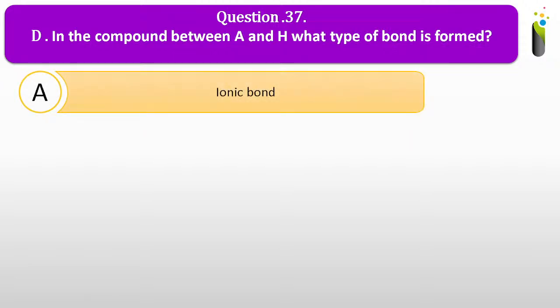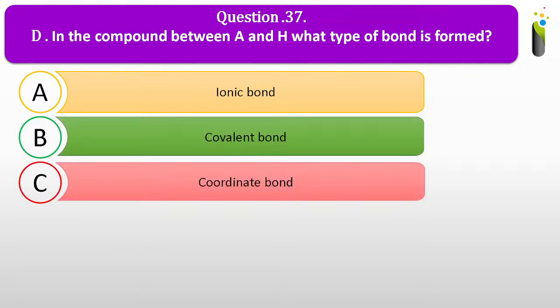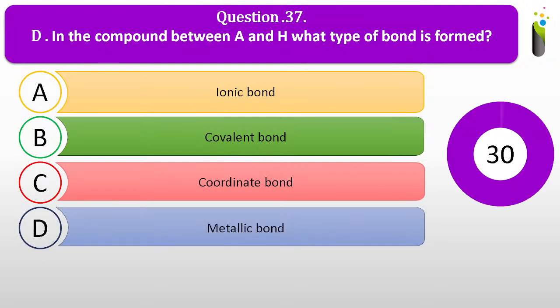The options here are A, ionic bond, B, covalent bond, C, coordinate bond, D, metallic bond. So tell me, in the compound between A and H, what type of bond is formed?